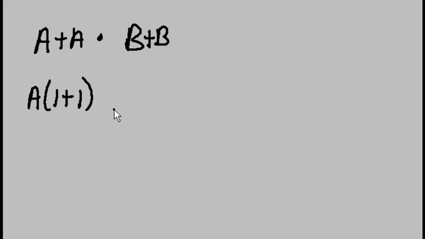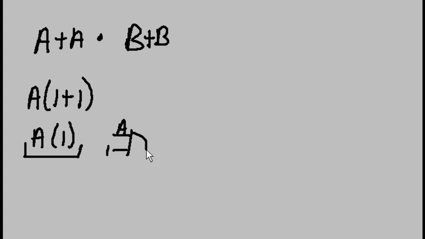That's an OR gate. And we all know that if you OR a 1 with a 1, you're going to get an output of 1. So 1 or 1 is a 1. So A ANDed with 1. There's A, there's a 1.